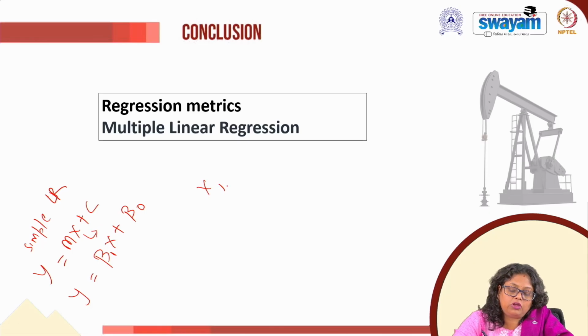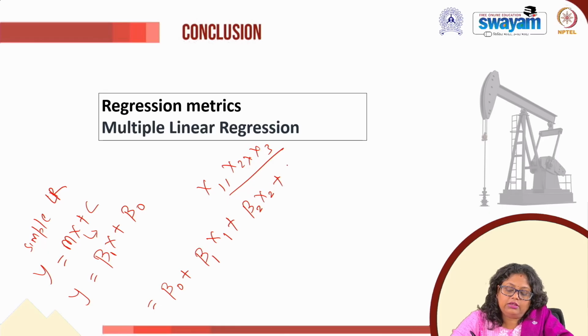Now we are talking about x1, x2, x3. So what should you have? For x1 we have beta 0, beta 1 x1, then beta 2 x2, and when you have the third, beta 3 x3.